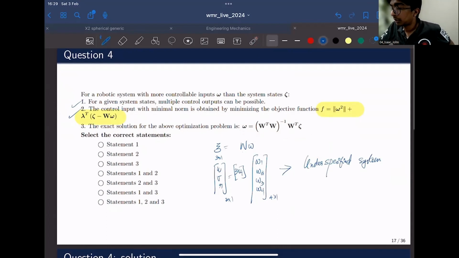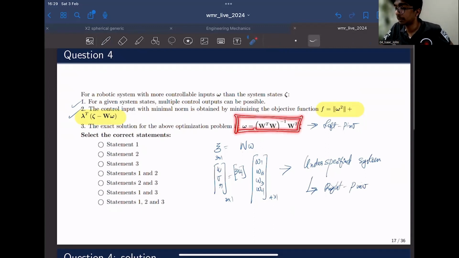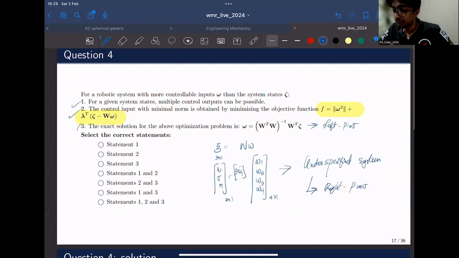What I have written here is a left pseudo inverse. And for an underspecified system, just as we have seen in the previous slides, it should be the right pseudo inverse. This denotes the left pseudo inverse, but we want the right pseudo inverse. So in that regard, this statement is false.